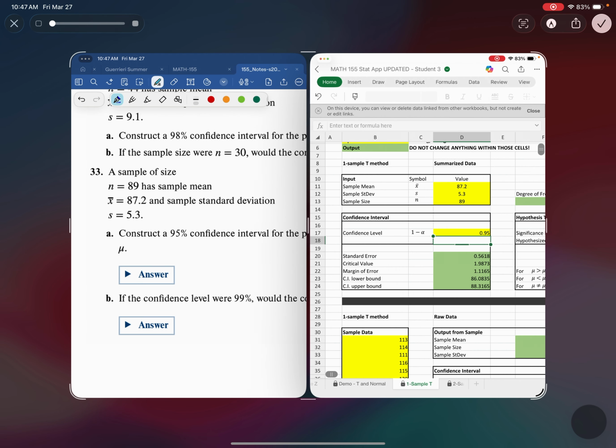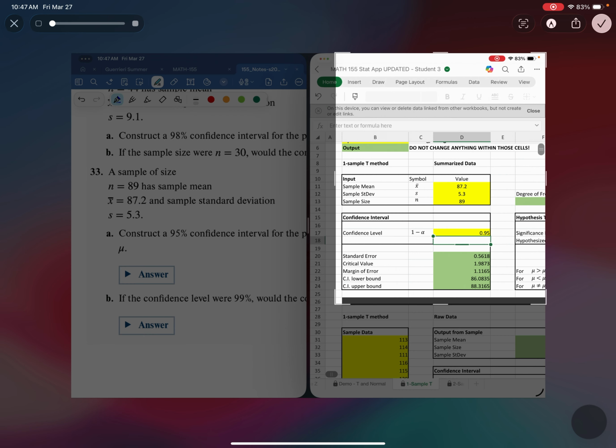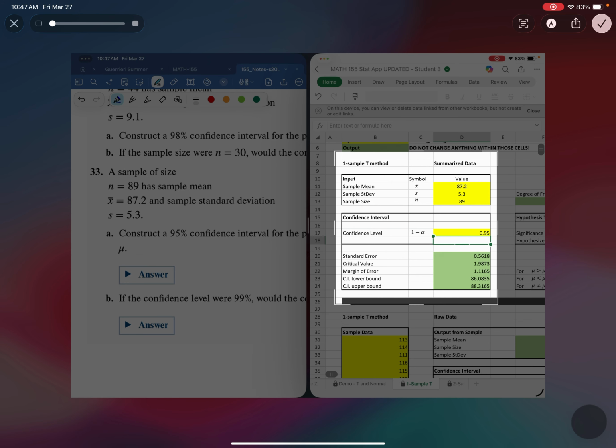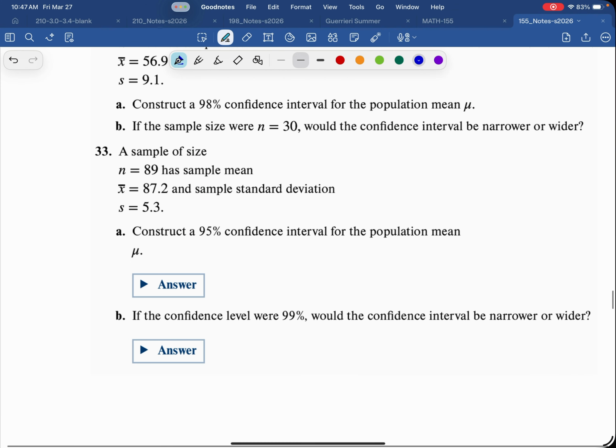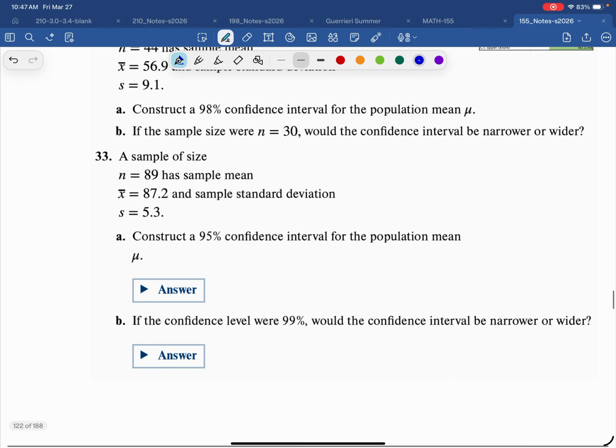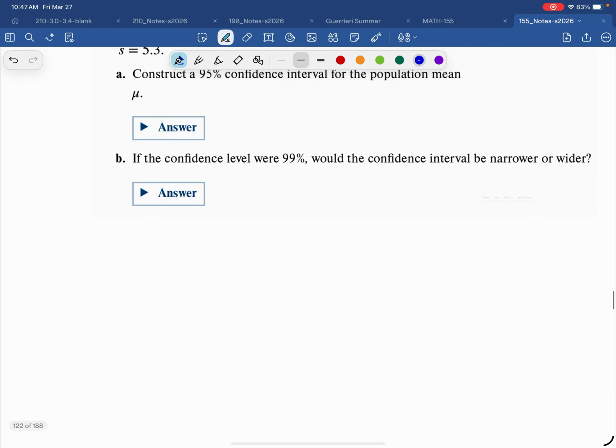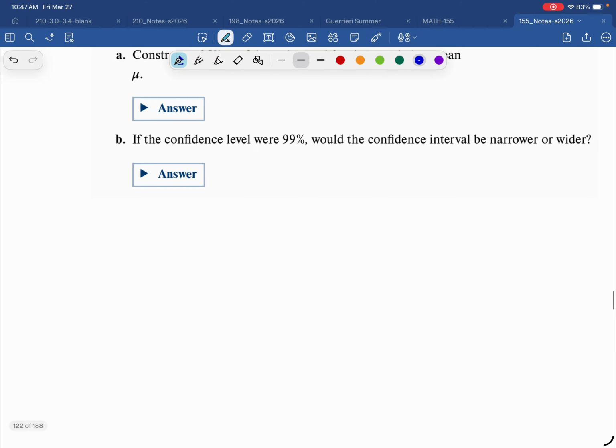So I'm just going to screenshot this guy. And we're good. Maybe I can stick it over here. Let's see, we've got some space over here. Let's stick it over here.